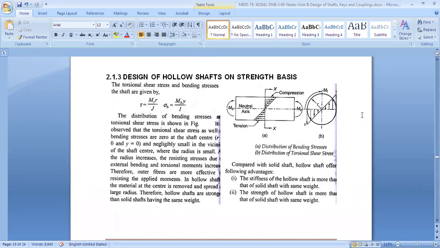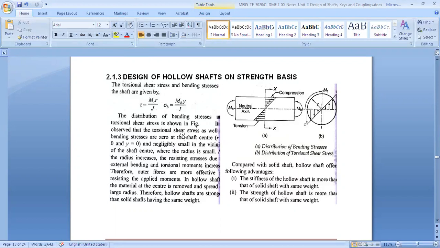Torque is fixed if the power is fixed. So how is the stress distributed? Tau is equal to MT upon J into R, or bending stress sigma B is equal to MB upon I into Y. From these we can see that MT, J, MB and I are fixed.